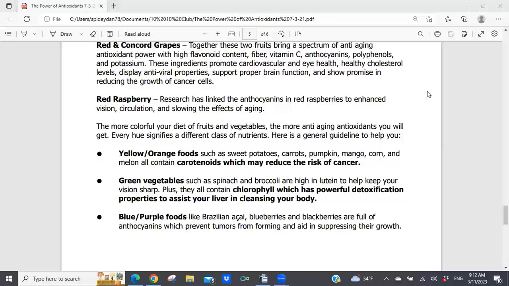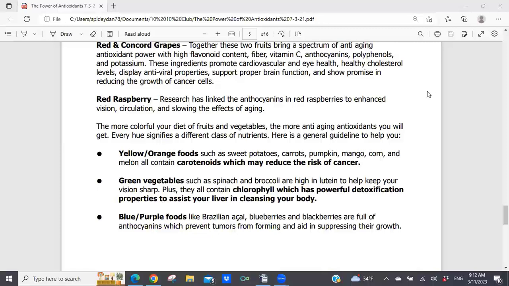As you can see, color plays a significant role in whether that fruit or vegetable is high in antioxidants. So if they have a yellow or orange coloring to them, they're high in carotenoids, which helps to reduce the risk for cancer. If they're green vegetables, then they're most likely high in chlorophyll, which is a powerful detoxification property to assist your liver in cleansing your body.